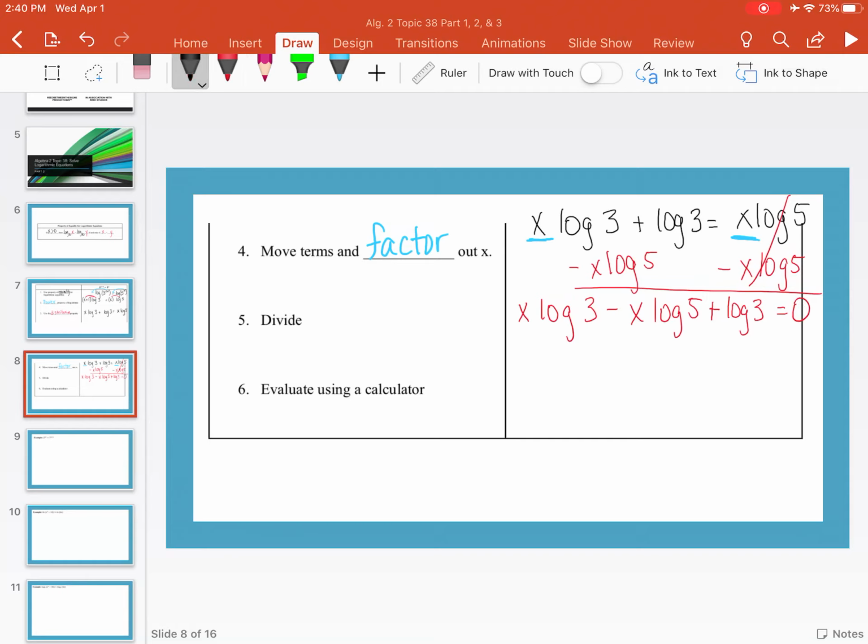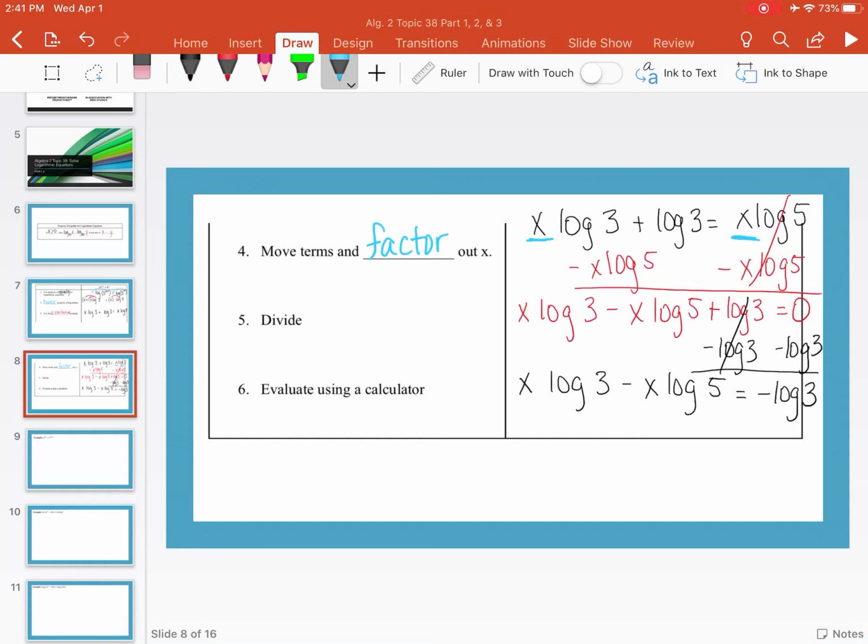Then we want to subtract log of 3 from both sides to get it to the other side so that we're able to eventually solve for x. So we'll end up with x log of 3 minus x log of 5 equals negative log of 3.